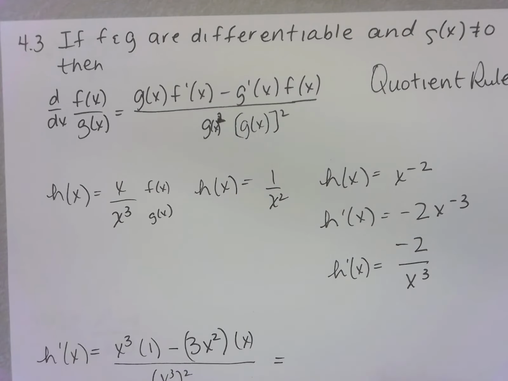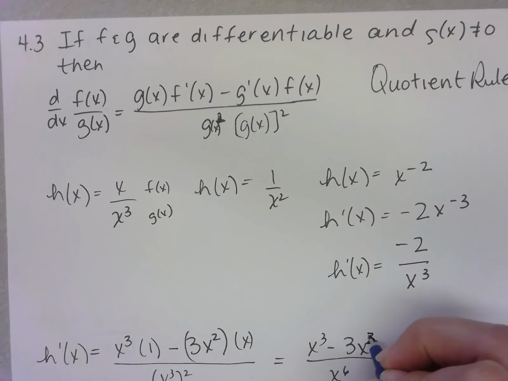All right, so if I open up my parentheses here, my h prime is x cubed, since x cubed times 1 is x cubed, minus 3x squared times x, that should be 3x cubed, because I have x squared times another x, over x to the 6th. I end up with negative 2x cubed over x to the 6th.